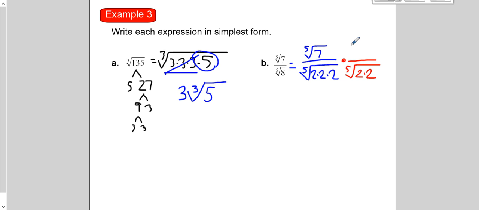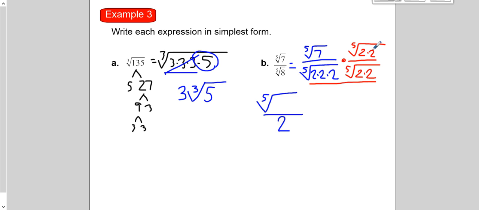Whatever I multiply the bottom by, I also have to do on the top. All right, this gives us 5 2's on the bottom, so we get just a 2 for our denominator. The 5th root of 2 times 2 times 2 times 2 times 2 is 2. And then in our numerator, we have the 5th root of 7 times 2 times 2.